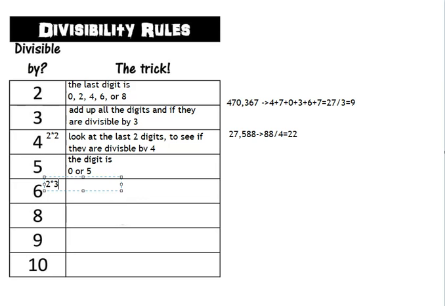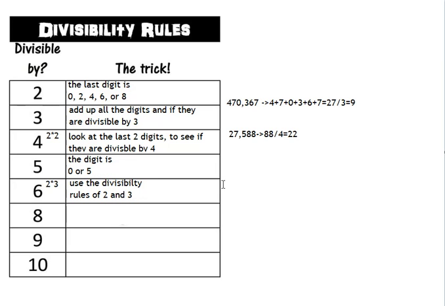So if you think about it as 2 times 3, well, that means you need to use the divisibility rules of 2 and 3. Because it is the number 6, you have to check the divisibility rule of 2 and 3.